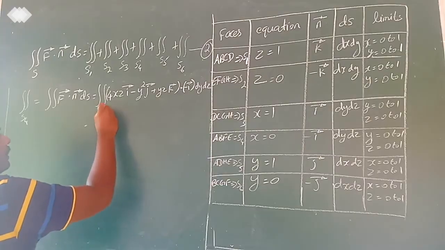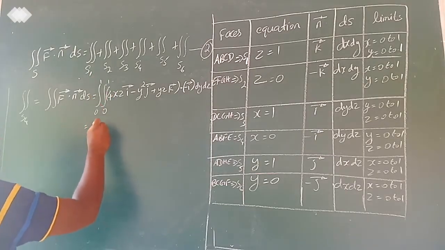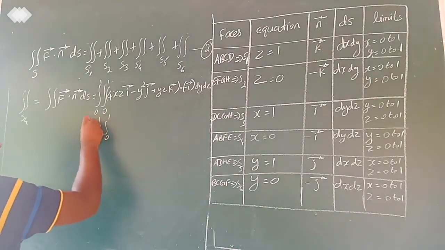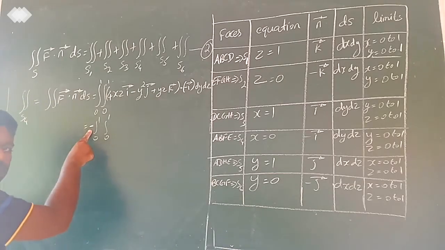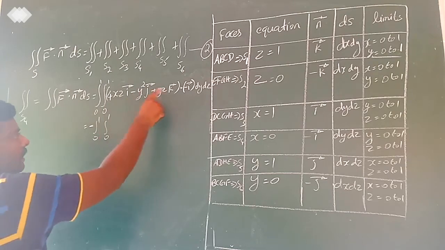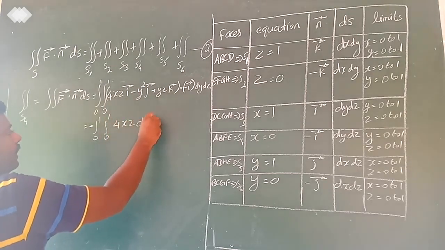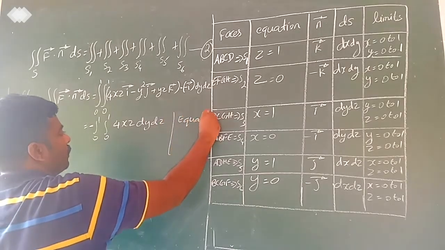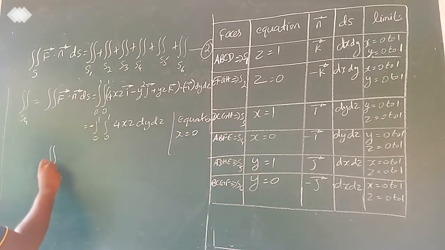The limits of y are 0 to 1 and limits of z are 0 to 1. So i vector dot minus i vector, so put minus here, that is very important, and i vector dot i vector equals 1, therefore the remaining term is 4x dy dz. But the equation for face S4 is x equals 0. So the double integral over S4 equals 0.